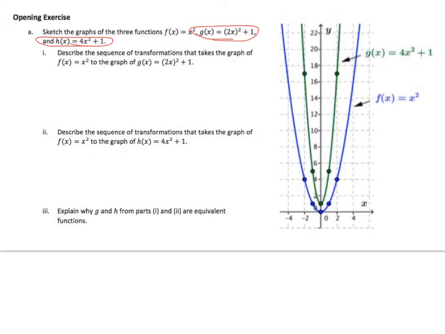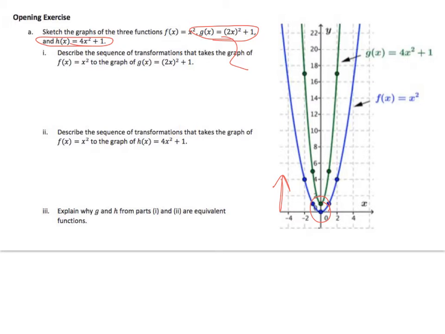So if we look at our graphs, we have f of x right here, and then g of x and h of x went up 1. And let's see, that would be a horizontal shrink. I guess g of x would be a horizontal shrink, and h of x would be a vertical stretch.